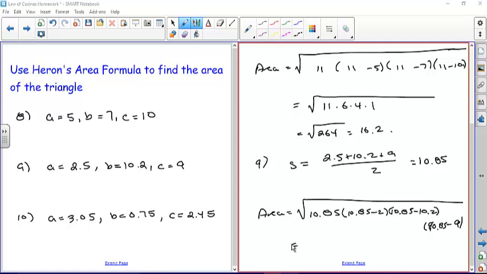And so let's just stick that in the calculator. And I get 10.75.